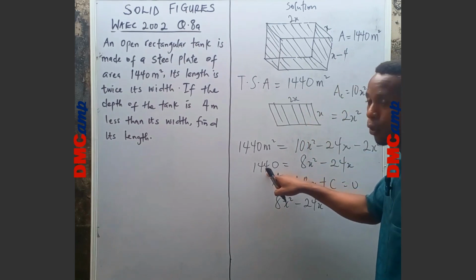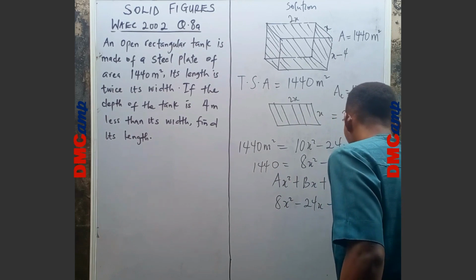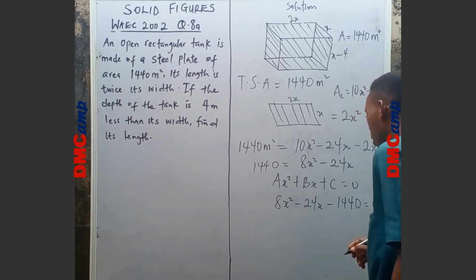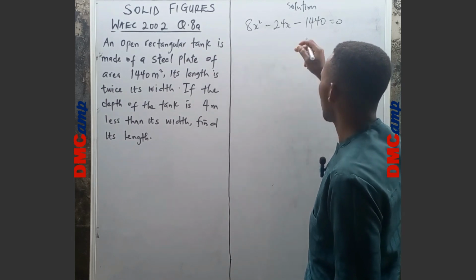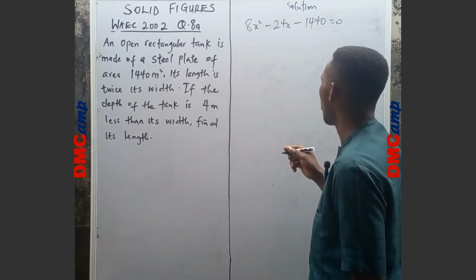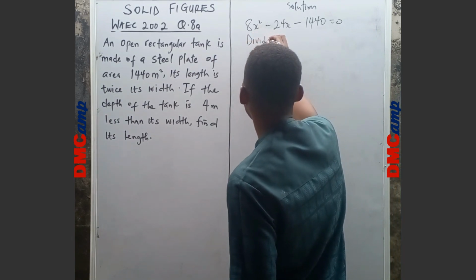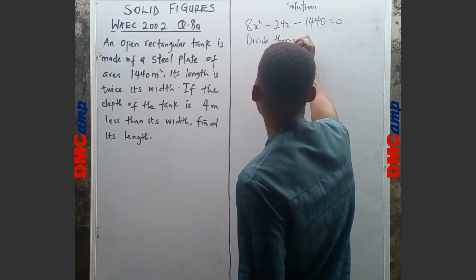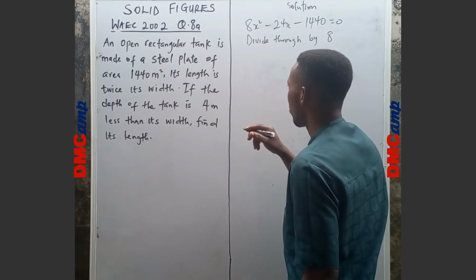Then we move this to this side, minus 1440 equals 0. We have 8x squared minus 24x minus 1440. So let's divide through by 8.